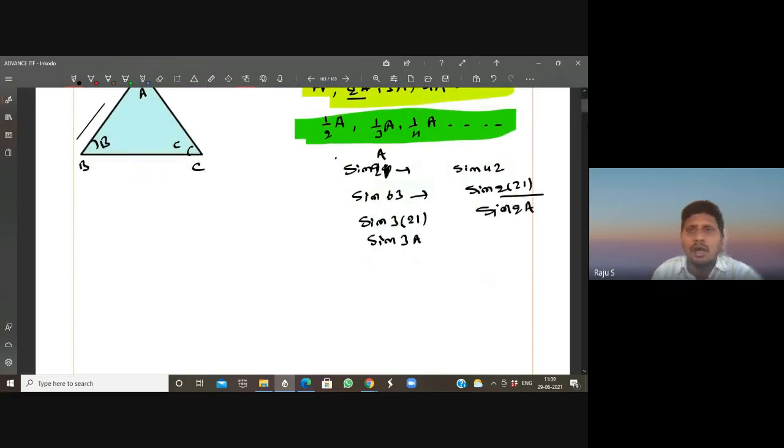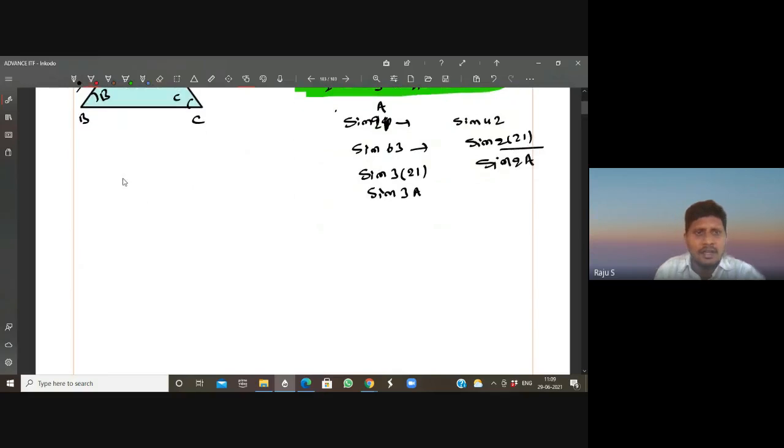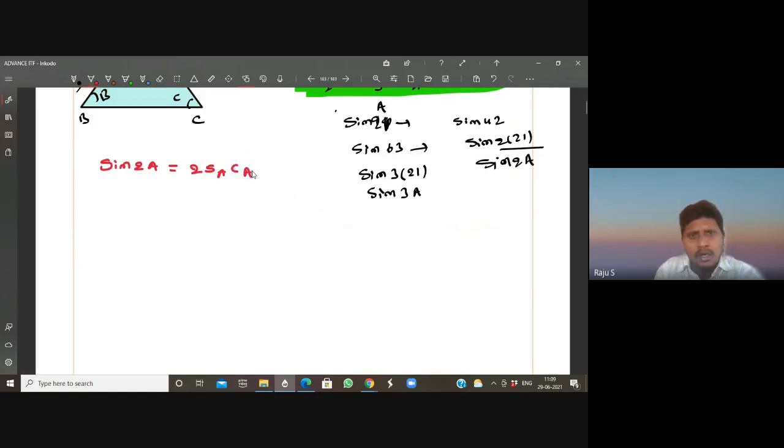Almost, I gave a few formulas in the starting class in NCERT, like sine 2A. What is the sine 2A formula? 2 sine A cos A. With the help of which formula can you find sine 2A?